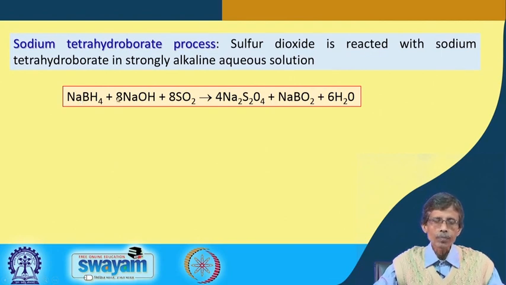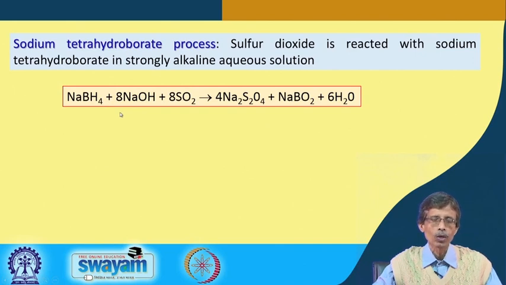Industrially also it is very useful to consider the corresponding pH range where the reaction is taking place, because sodium borohydride is a hydride species, with a large amount of H minus, and these H minus can very quickly react with water molecules. Here we have not written anything on the left hand side as water, but we are producing 6 molecules of water on the right hand side.